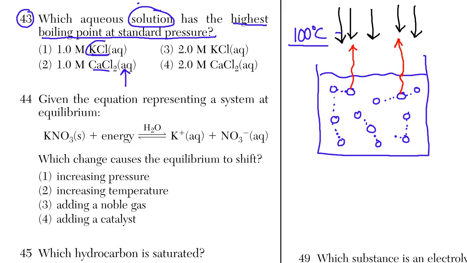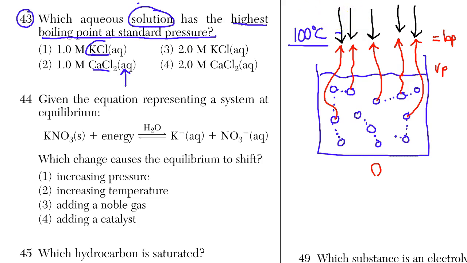And if I have enough heat absorbed by the system, this could be a Bunsen burner, my nice flame, and enough of these particles can overcome their attractive forces and get to the surface, then the vapor pressure, which is the force due to liquid molecules evaporating out of the container, equals the pressure pushing down. We have ourselves a boiling point. That's the temperature at which the vapor pressure upward equals the atmospheric pressure.